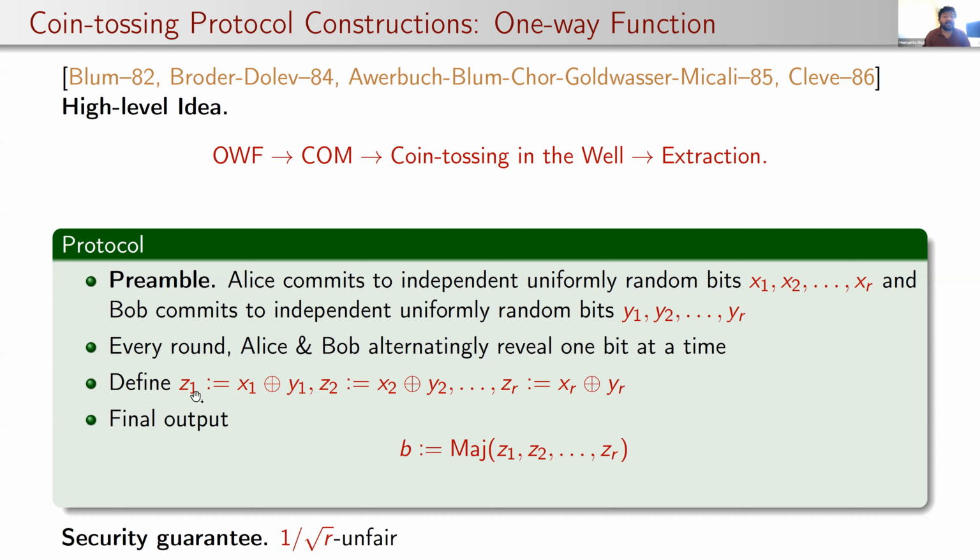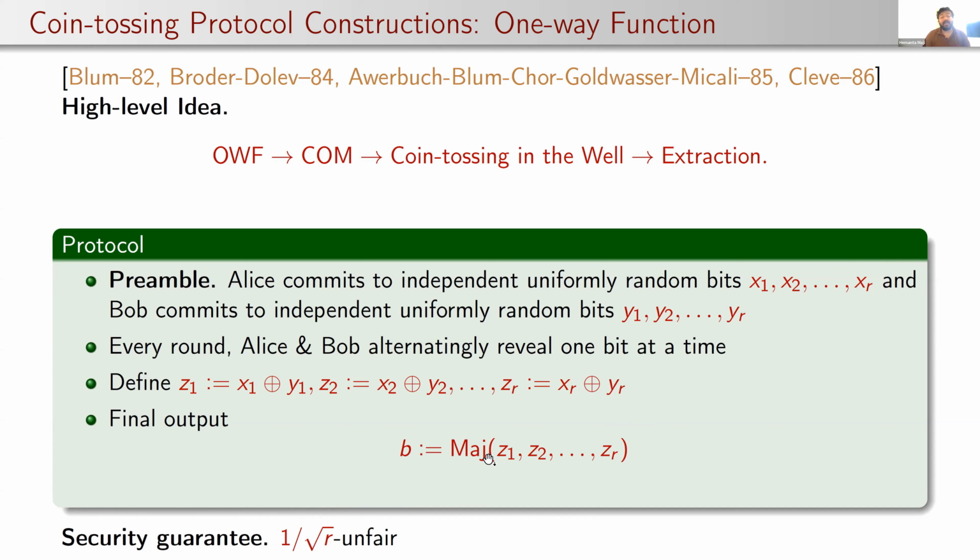Then you define zi as the XOR of xi and yi. Finally, the common bit that both parties agree on is the majority of these bits z1, z2, ..., zR. Interpret majority as an extractor applied on these bits. What one can show is that a party can abort during the execution of this protocol and change the output distribution of the honest party by 1 by square root R.